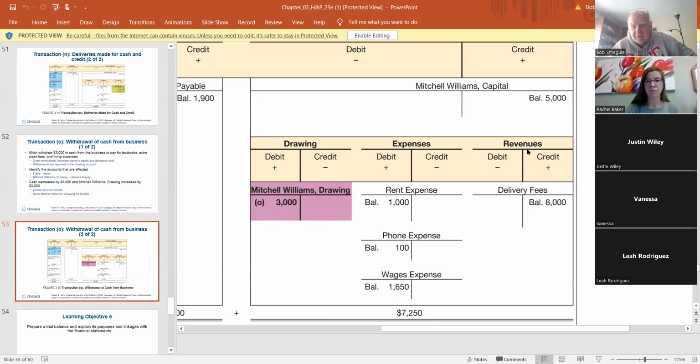The revenues increase capital, expenses decrease capital. Drawings have a debit balance, therefore, they also reduce capital. So at the end of the month, if this was the end of the month, this guy's capital would be 5 plus 8 is 13, minus these expenses, minus the drawing.